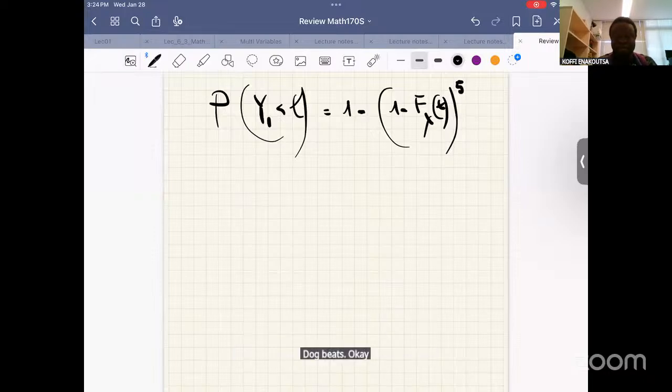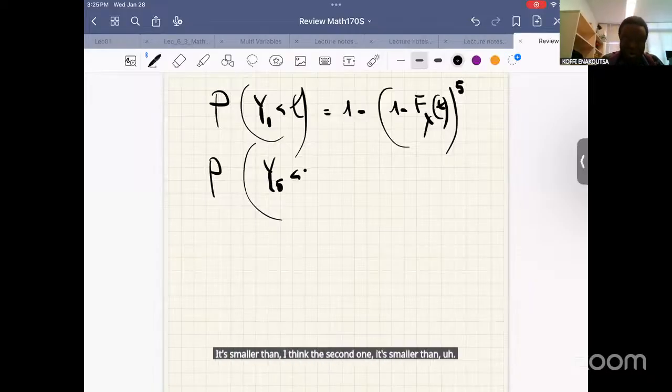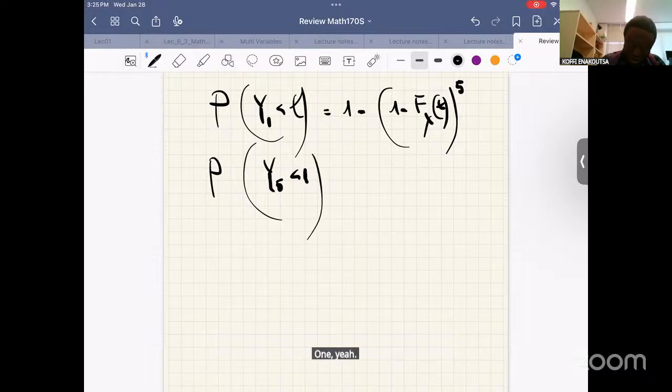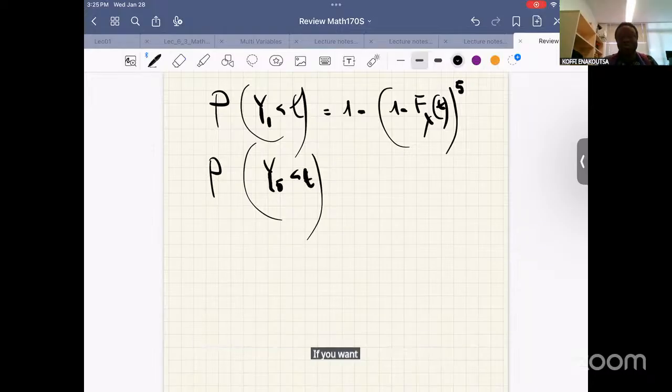Okay. So there is no other point that we should worry about. So then if you want the probability such that Y5 is smaller than, I think the second one, it's smaller than 1. Yeah, it's 1 over here. Well, it's not t, but I'll call it by 1. I can put the t over here if you want, but later on we'll specify the t that equals 1 for the purpose of doing this.